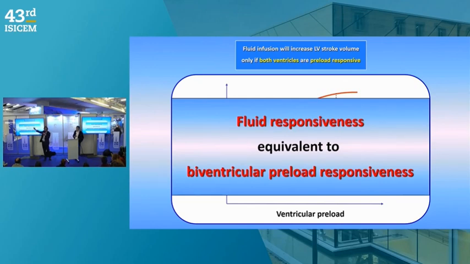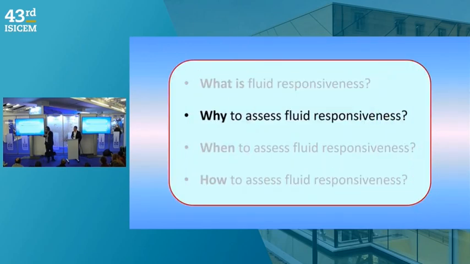This is a clinical concept, this is a physiological concept. So this is for the first part. If you have questions about this physiology, I think that more important is to talk about the other questions.